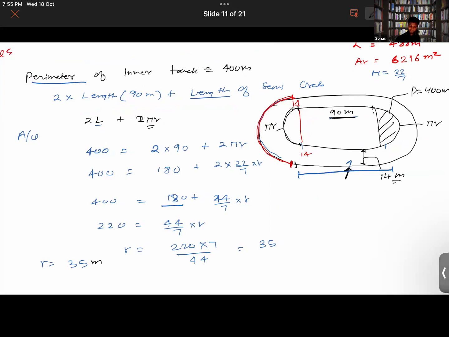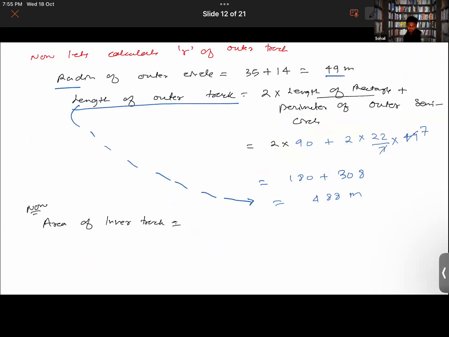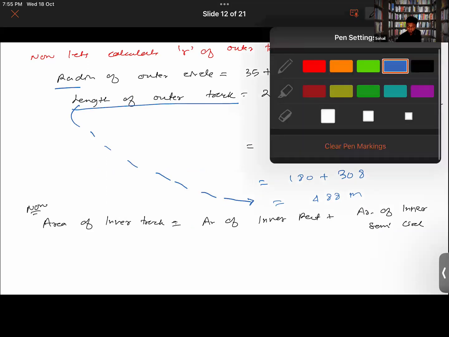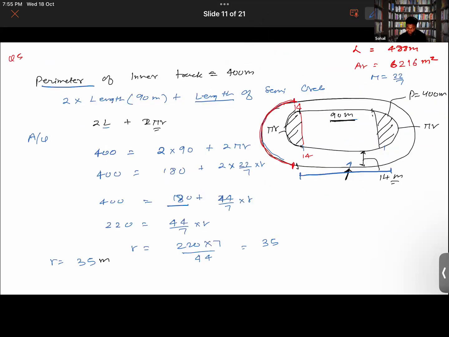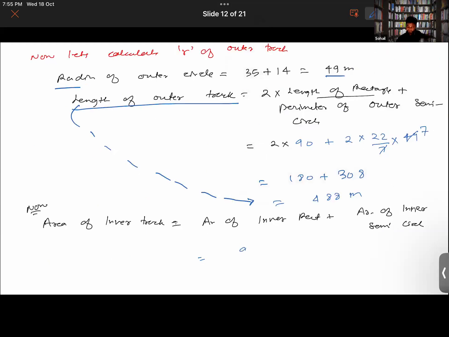L into B plus pi r square. Exactly. So that has to be the area of the inner rectangle plus the area of the inner semicircles. That has to be L into B. That is going to be 90 into 35, isn't it?